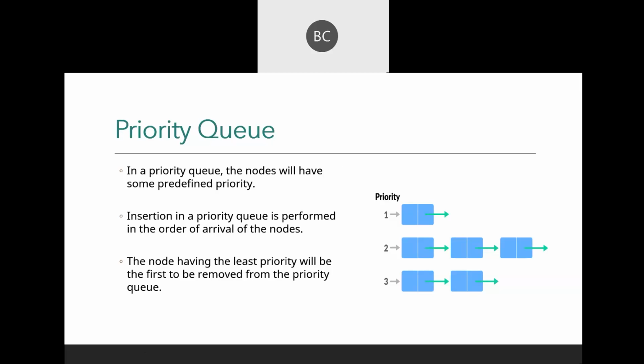Based on the priority, the elements will be arranged in a priority queue. It will not follow your FIFO. Every element will have a certain priority, suppose 1, 2, 3, 4 like that, and based on that priority only, you will arrange items in the queue.